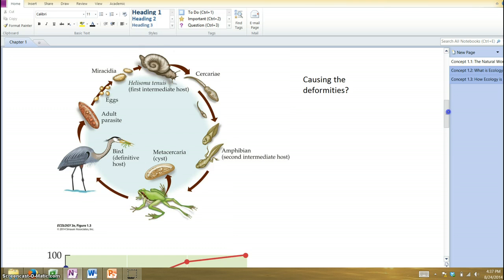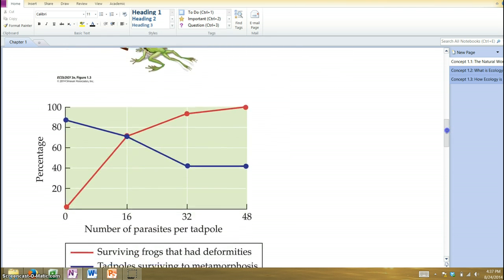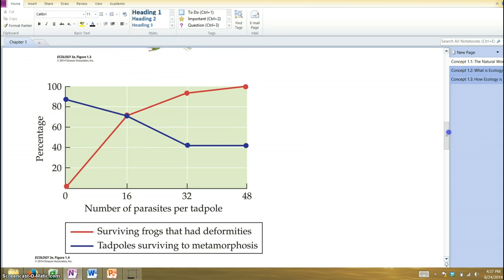And so it's thought that maybe these parasites are a cause, and so a lab experiment was carried out, and in it they had different groups of tadpoles. Some of the tadpoles had basically no parasites on them. Others had 16 put on them, and 32 and 48.